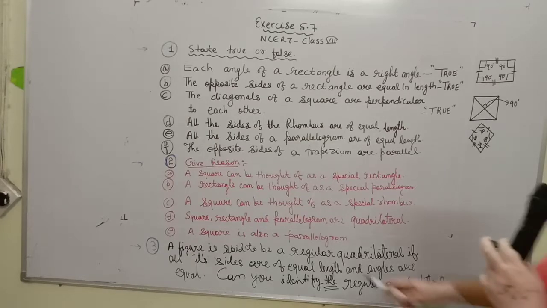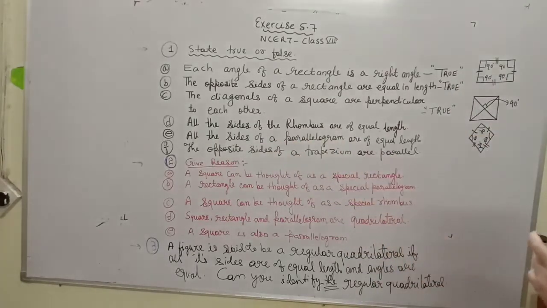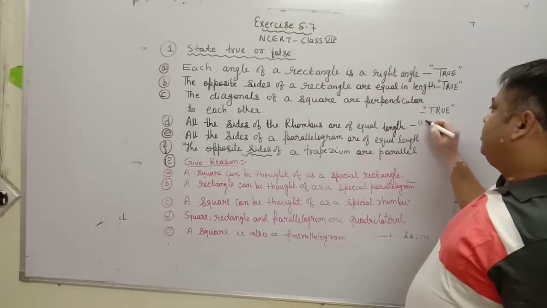Alright, so all the sides of the rhombus are of equal length. It is not necessary. All the sides of a rhombus may not be equal. It could be like this also, where you see that these lines are longer than these 2 lines. So this is true.